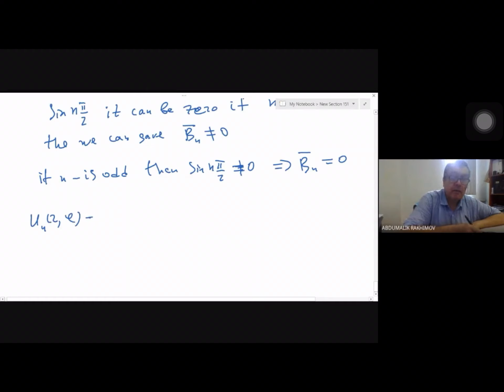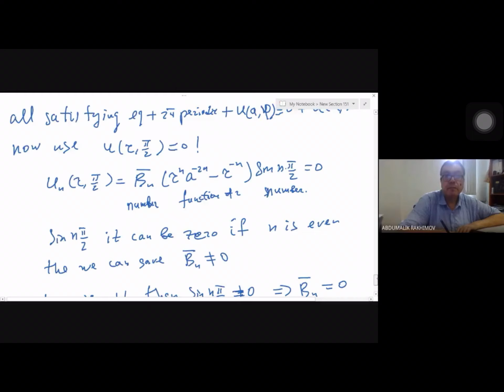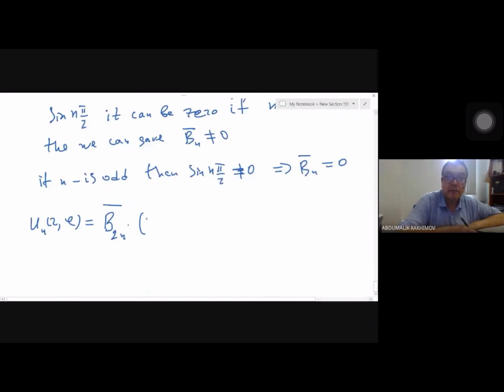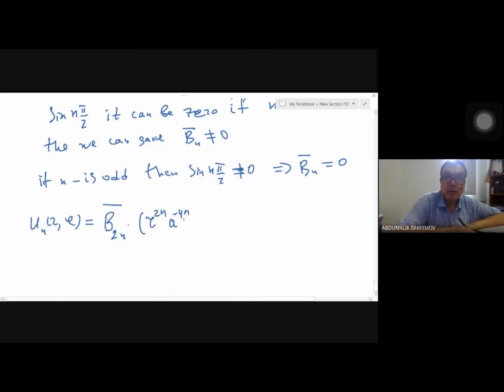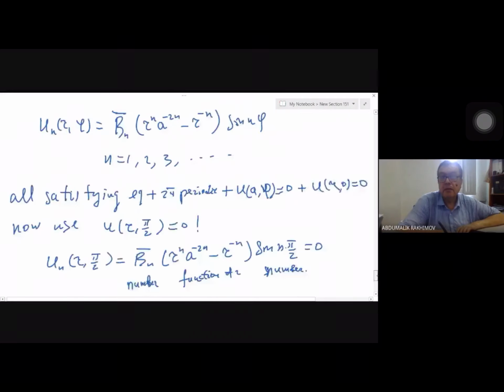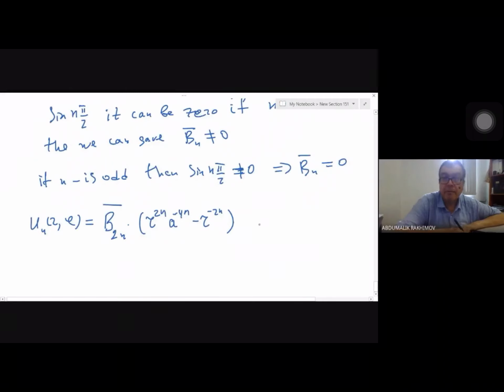R, which is equal, let me write here, B_2n bar, because only even n I can use, times r power 2n, a power minus 4n times r power minus 2n, sine 2n phi.